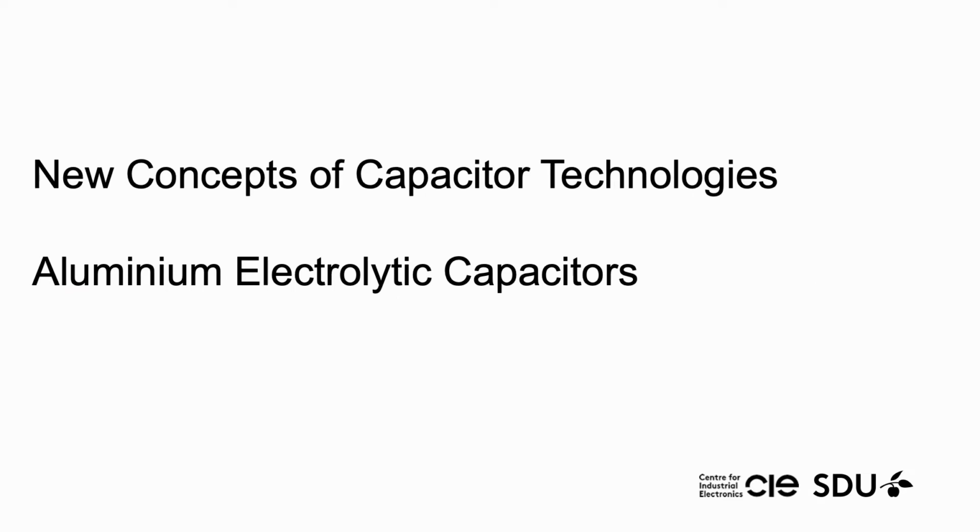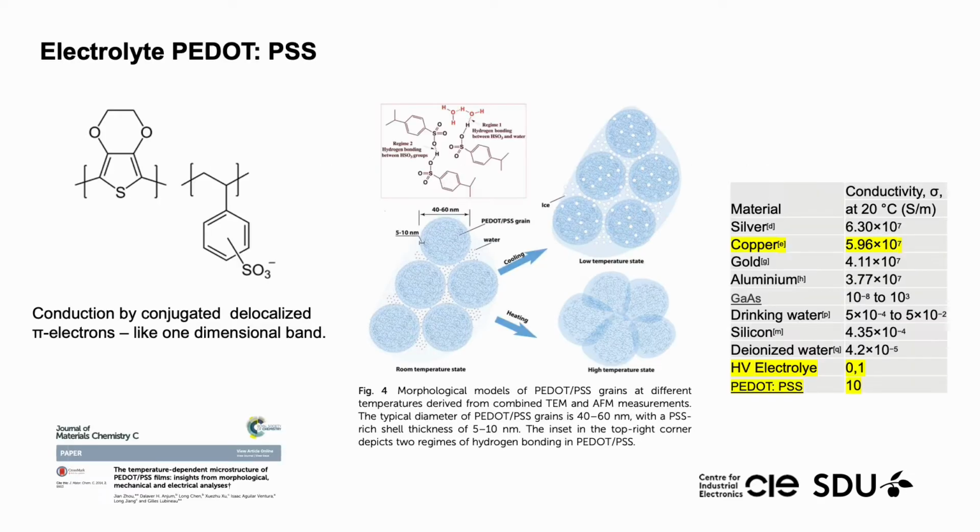Now I will talk about new concepts of capacitor technologies of aluminium electrolytic capacitors. Conducting polymers like PEDOT:PSS types are good candidates for improving the ESR of aluminium electrolytic capacitors, because they have a 10 to 100 times higher conductivity than liquid electrolytes.